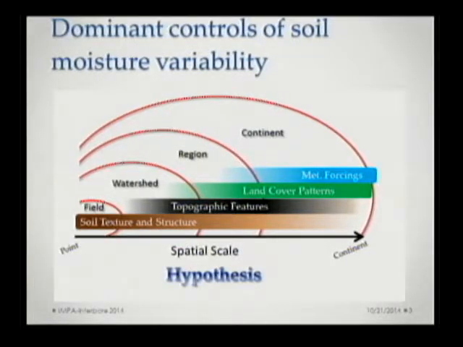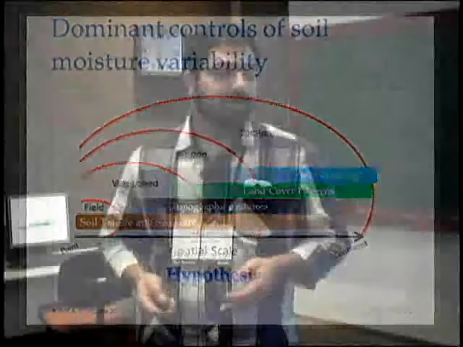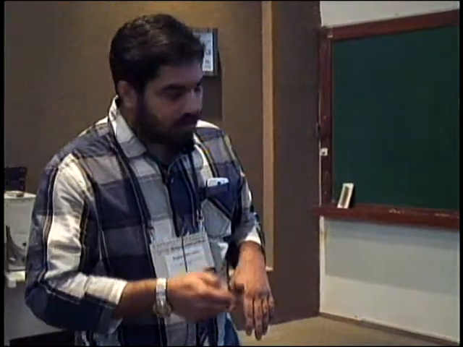That is not to say that soil does not influence it anymore, but just that it has a lesser influence than the topography because of the overland flows or even the subsurface flows because of gravity and other topographic features. And then as you go closer, you have land cover patterns, such as if you have a forested area versus a desert region, then the plants are the deciding factor in how much water is moving, right?